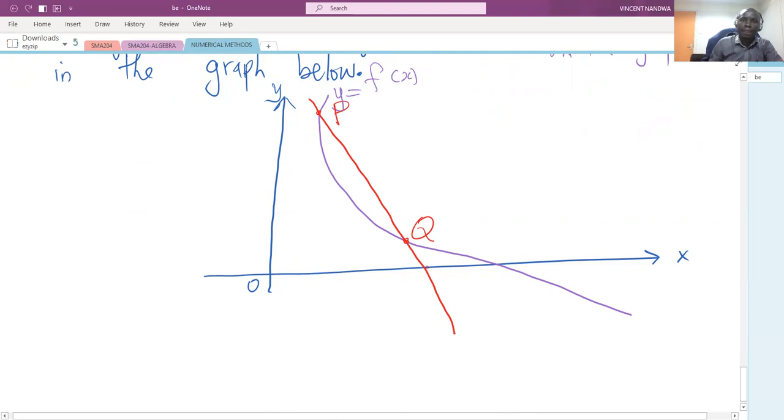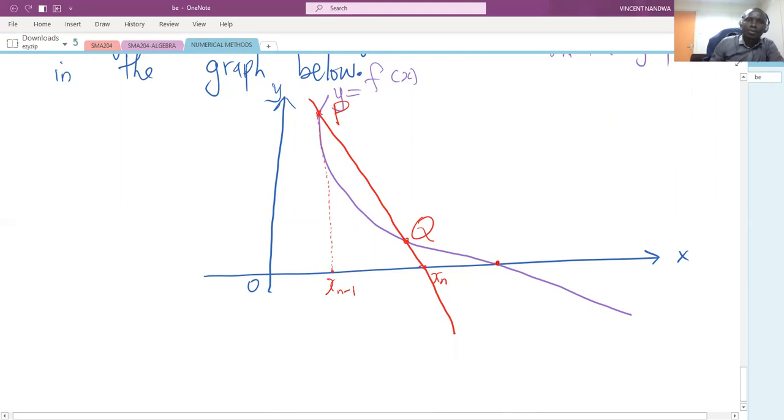So let the value here be xn, and then this point be xn minus 1.